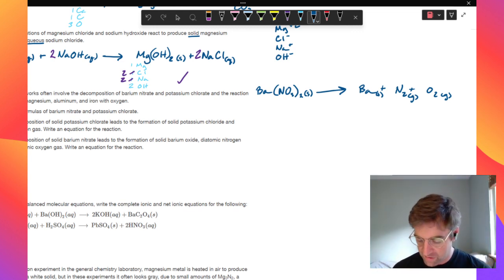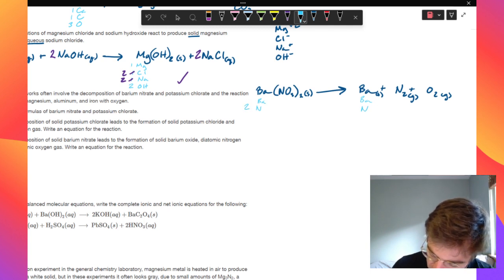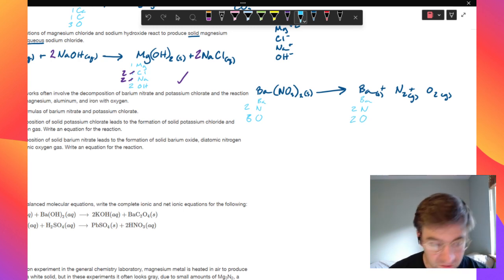So looking at this, it should be pretty apparent that this isn't perfectly balanced. We have the same number of bariums on left and right, but we're going to run into a problem with our nitrogens and our oxygens. Let's go ahead and run through it. We've got 2 nitrogens over here and 2 there, but we have 6 oxygens on the left and 2 oxygens on the right.